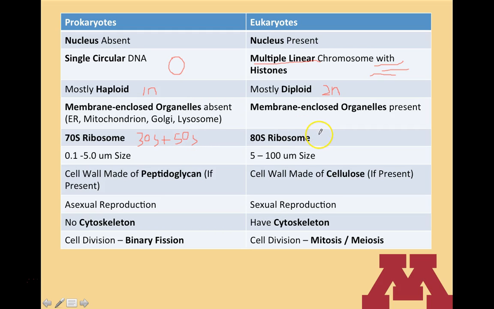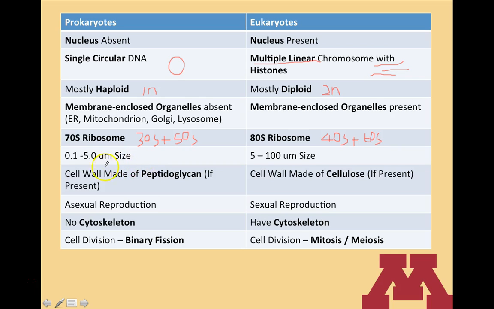On the other hand, the eukaryotes have 80S ribosomes, and the 80S ribosome is composed of 40S and 60S subunits. Okay.